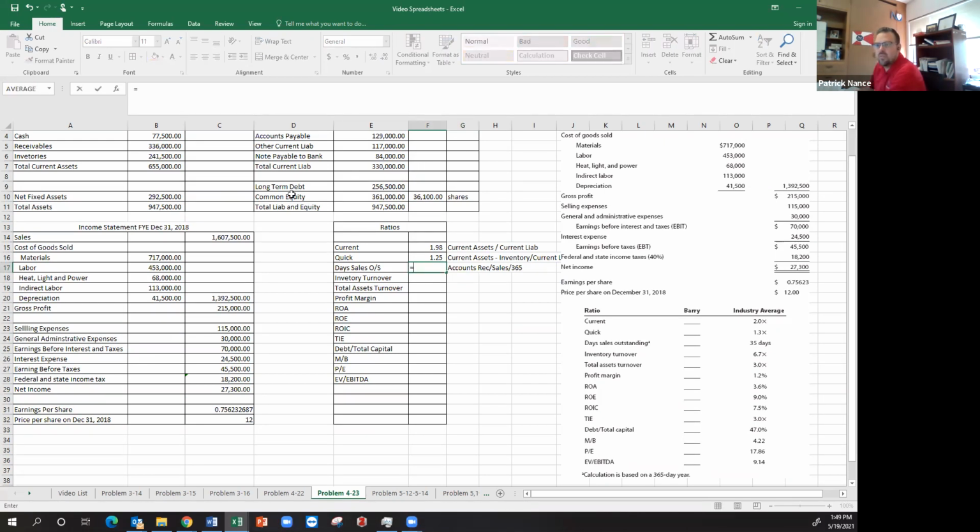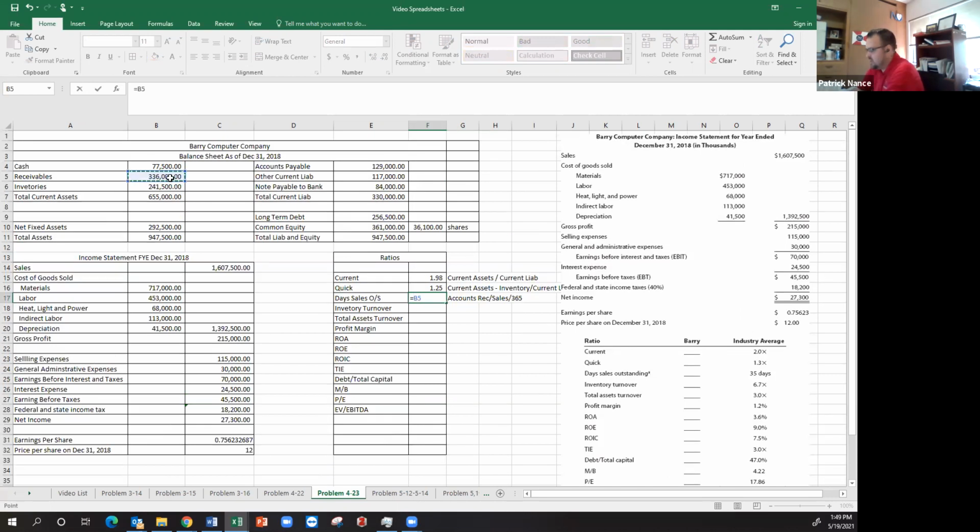So accounts receivable, 336. I'll put that in parentheses, so I can divide the whole thing by sales, which is down here on my income statement, divided by 365. I just type that number in. So 76.29.